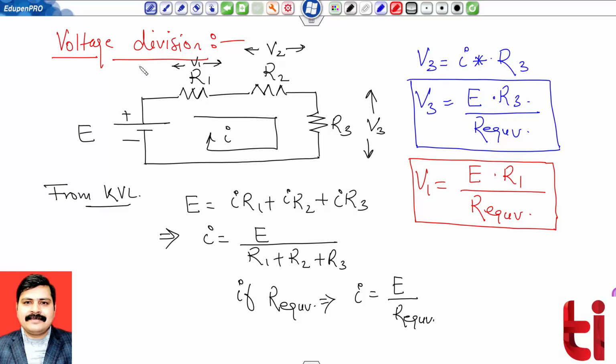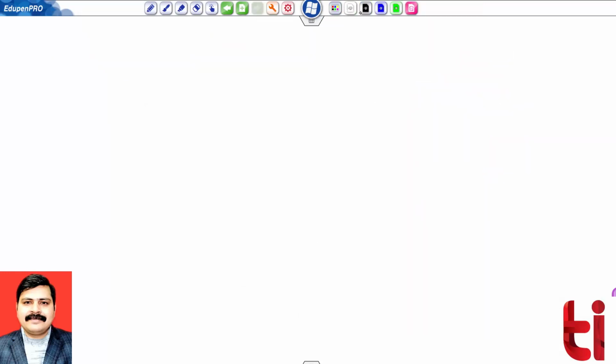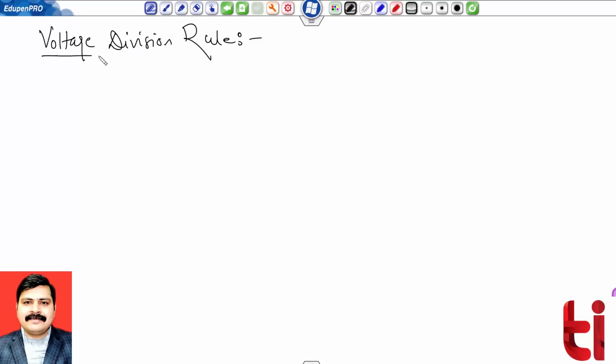Now in order to understand it in the form of a rule, I am writing here the voltage division rule. This is very much important and mostly used.